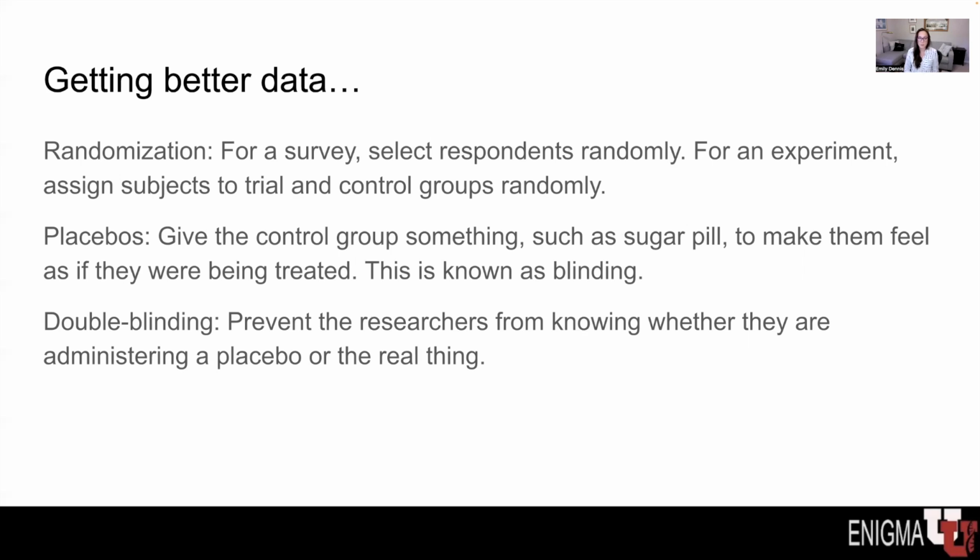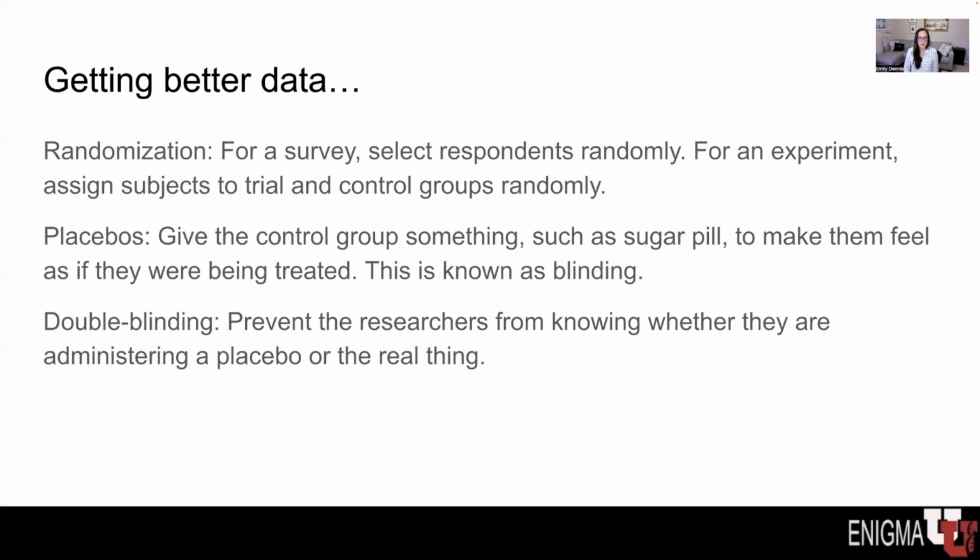And this is one example of blinding. Double blinding is when both the researchers and the participants don't know if they've been given a real intervention, a real drug. And this is important because just like human participants can impact outcomes based on their expectations, human researchers can impact outcomes based on if they know that a participant has been given the real thing, they might act differently towards the participant than somebody that they know has been given a placebo.